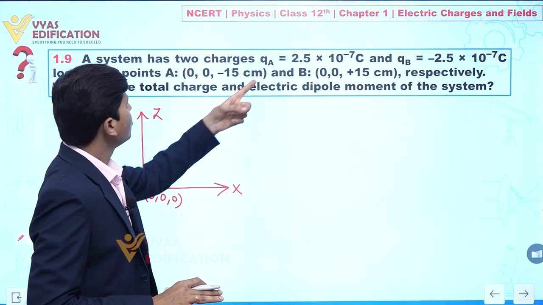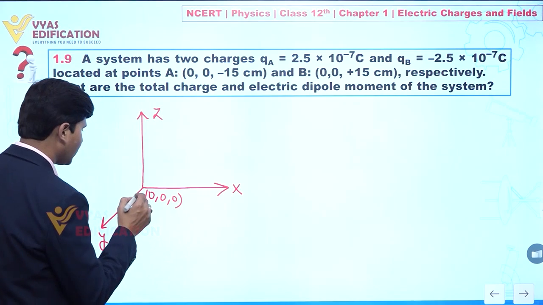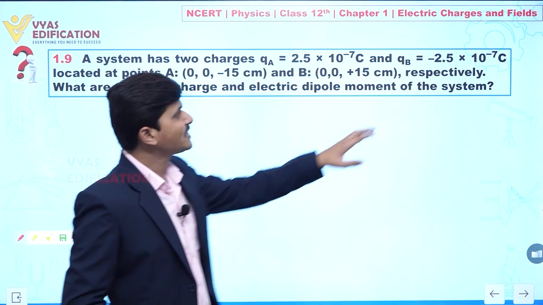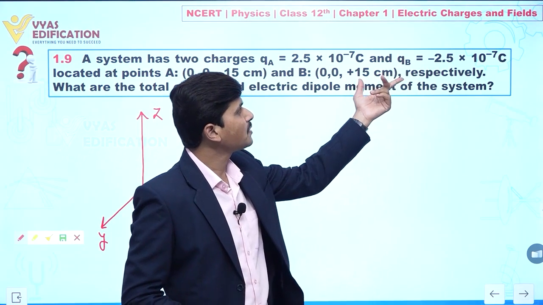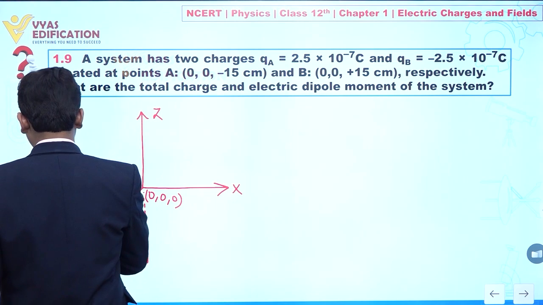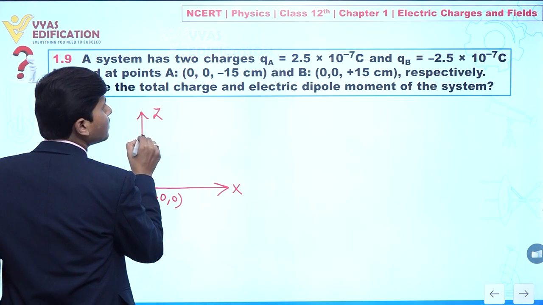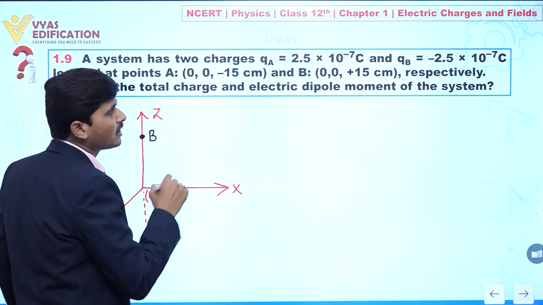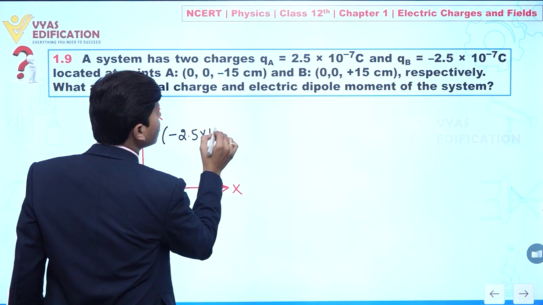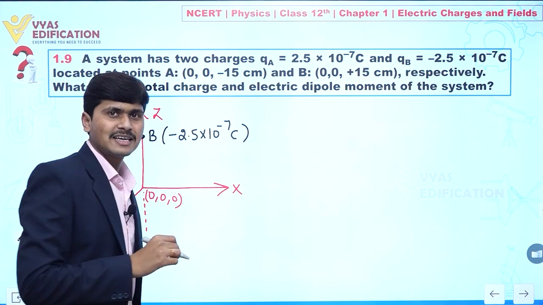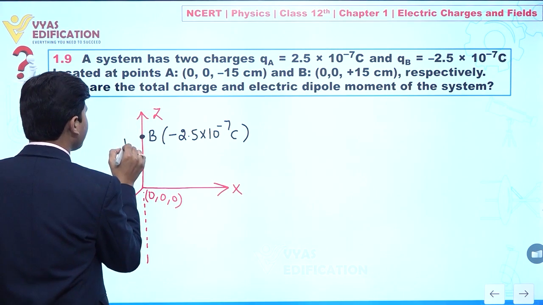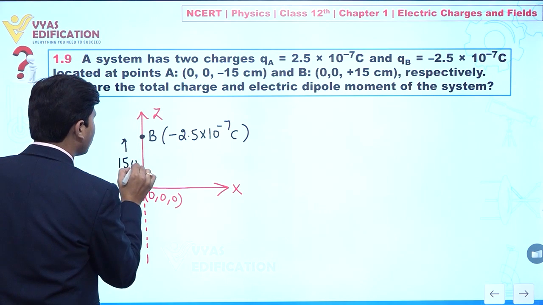So we can see here we are having a charge, so I am extending like this. We are having charge QB at plus 15 centimeter on z axis. Let's suppose this is the position of a charge, and this is B. Value that is given to you is minus 2.5 into 10 to the power minus 7 coulomb. And it is at a distance 15 centimeter from origin.